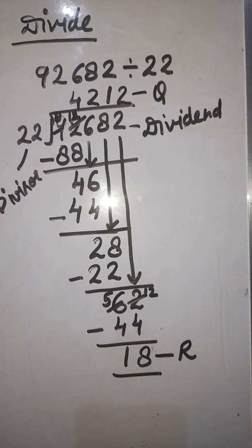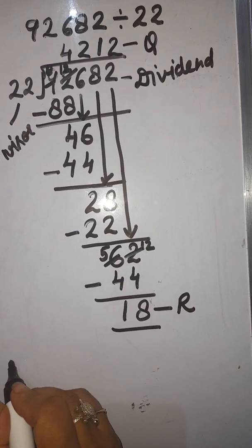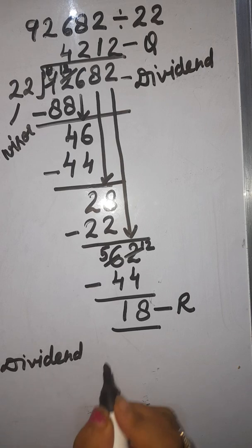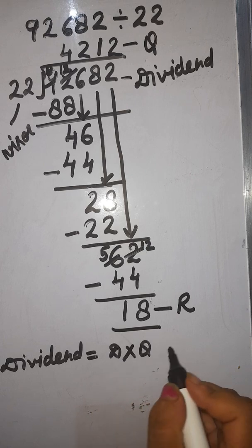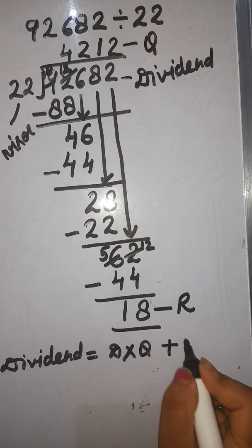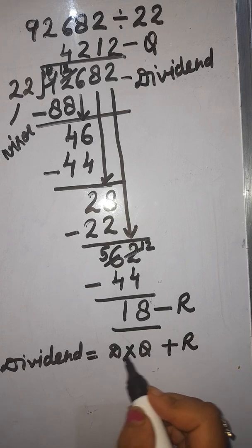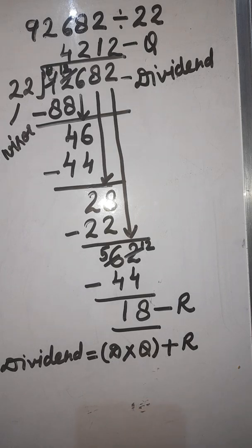Now check the division. Dividend is equal to divisor multiply quotient plus remainder. Fine, everyone? So we'll put it inside the bracket, because we'll solve it first.